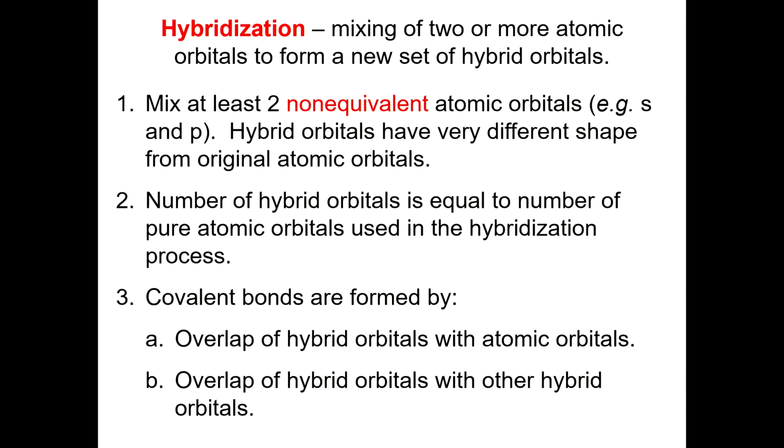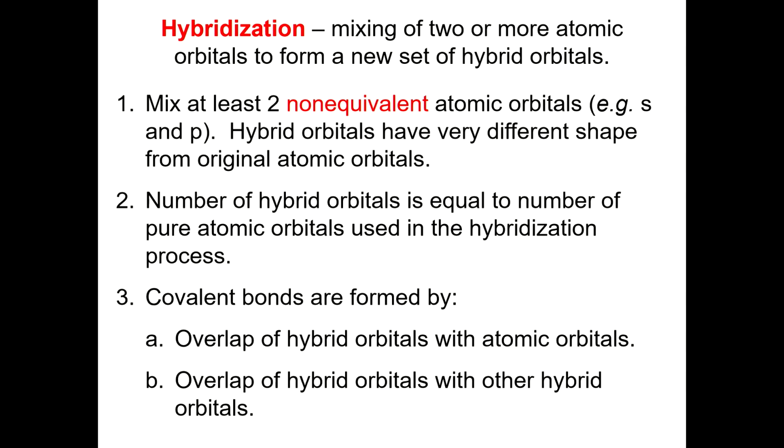So here we can see a new set of hybrid orbitals. So basically mix at least two non-equivalent atomic orbitals. For example, we can mix the s and p orbitals together. Okay. And the hybrid orbitals have very different shape from original atomic orbitals.